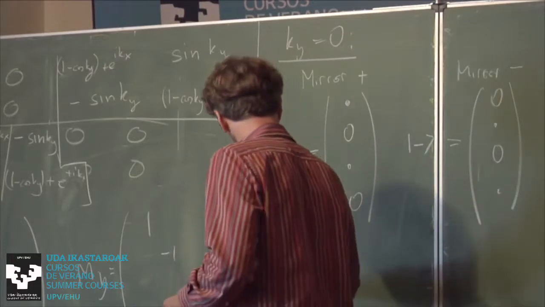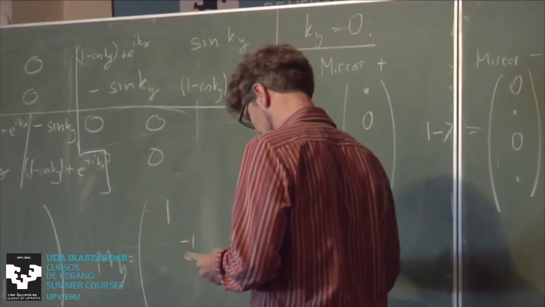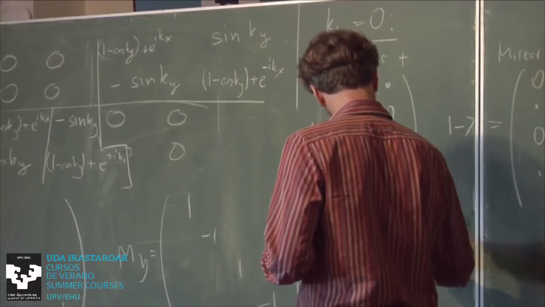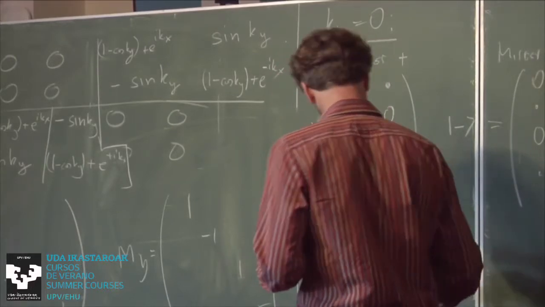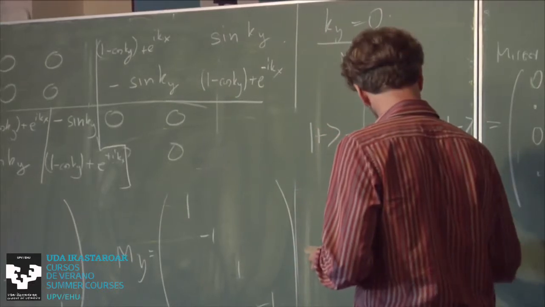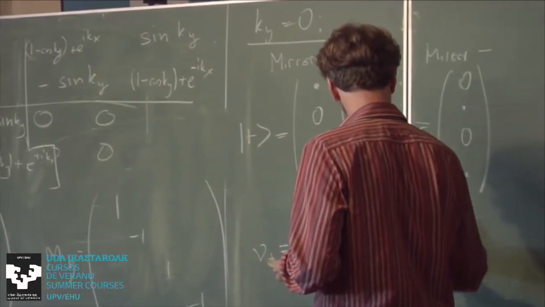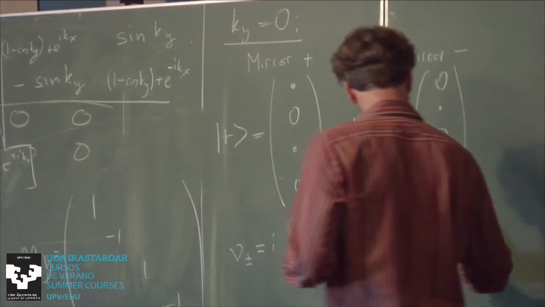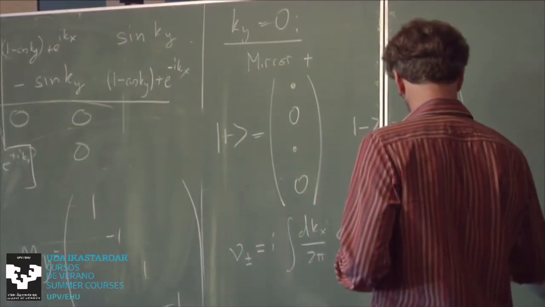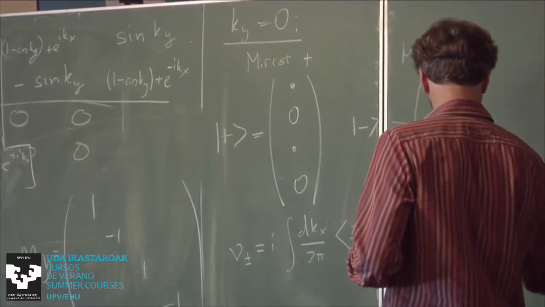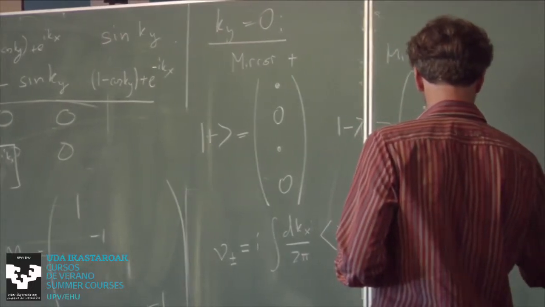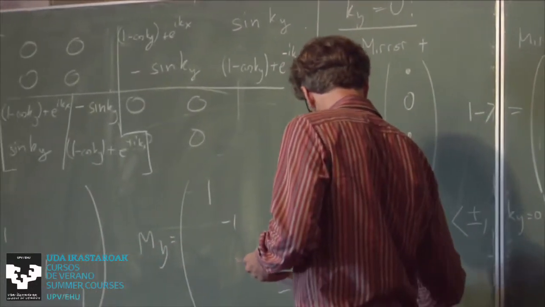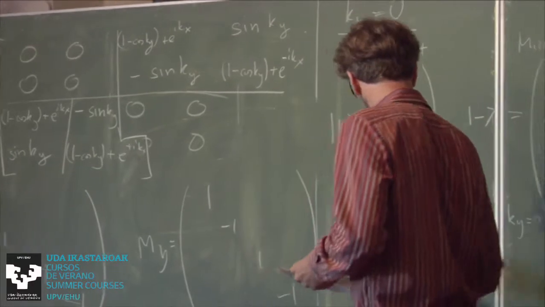I can compute the winding numbers, nu plus minus, as i integral dkx over 2 pi, using plus or minus, at ky equal to 0, partial kx, and then plus minus at ky equal to 0. So the result that I'll get is that they are plus or minus 1/2.